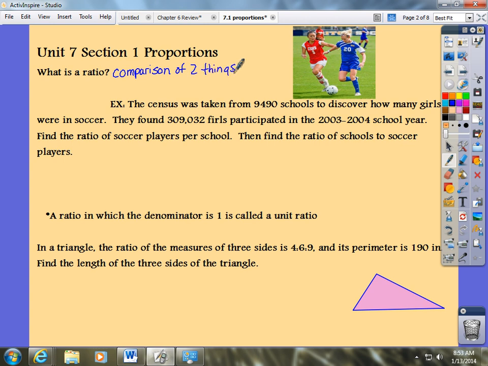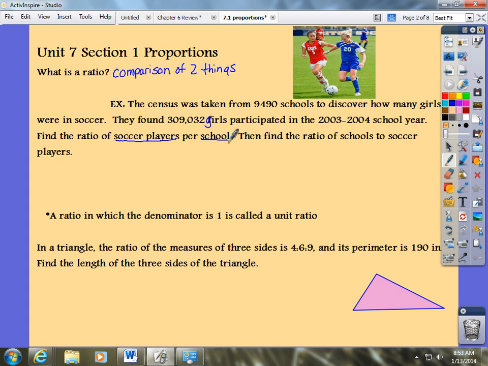For example, the census was taken from 9,490 schools to discover how many girls were in soccer. They found that 309,032 girls participated in the 2003-2004 school year. Find the ratio of soccer players per school.